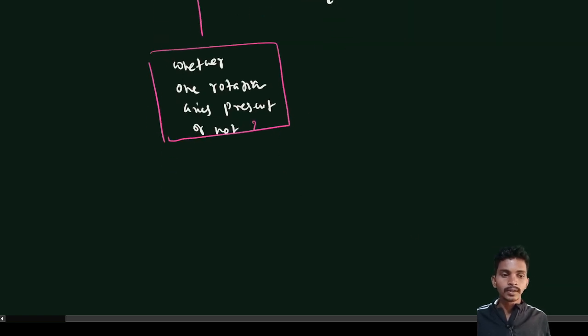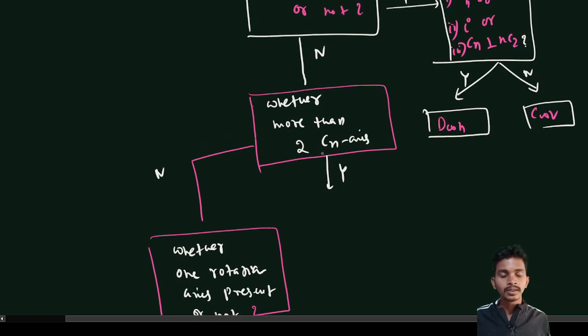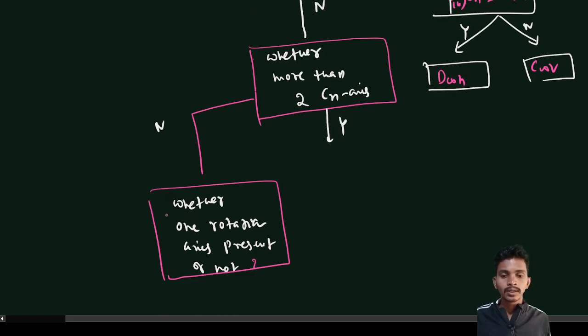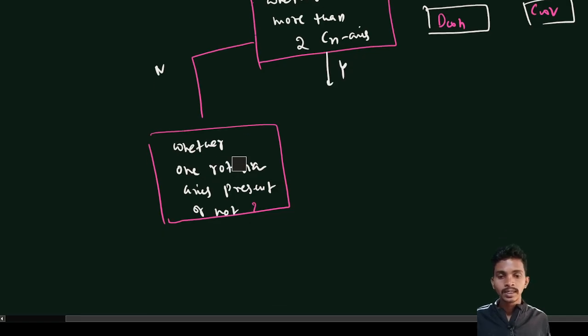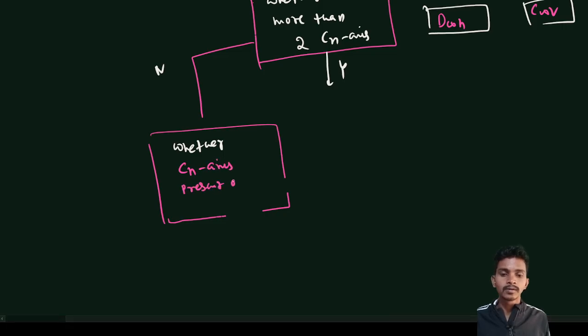If it is not more than two Cn axes, that is no. And if no, then whether one rotational axis is present or not, whether a Cn axis is present or not.